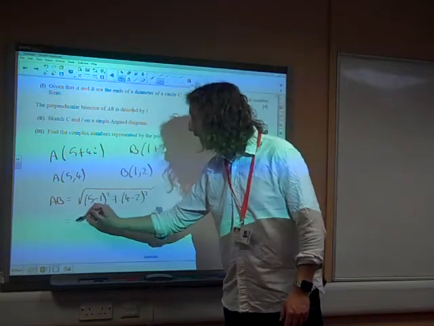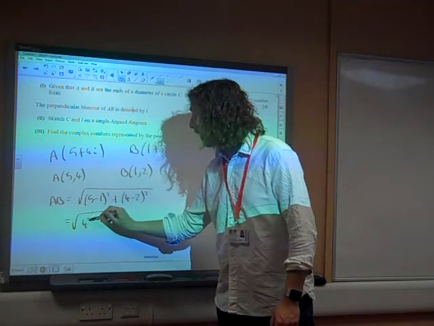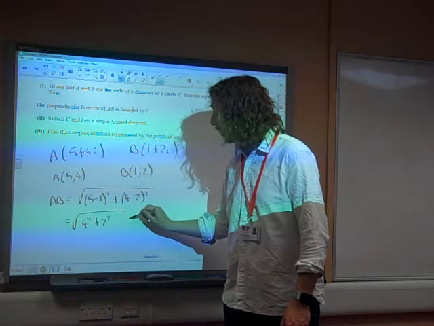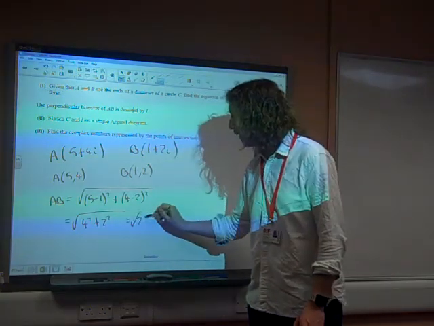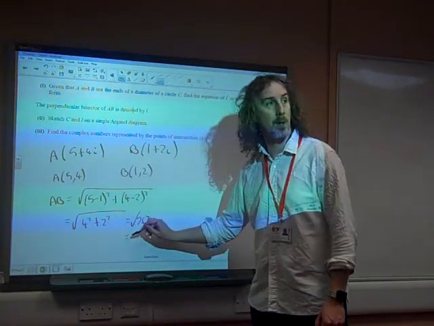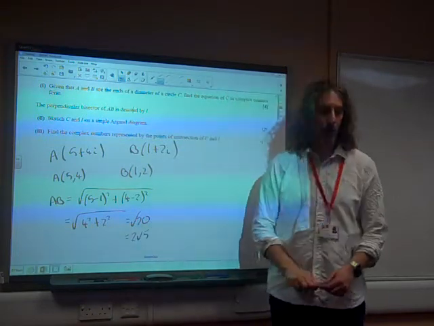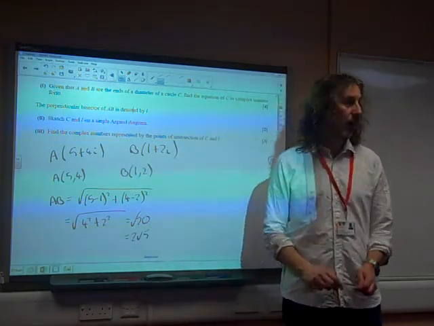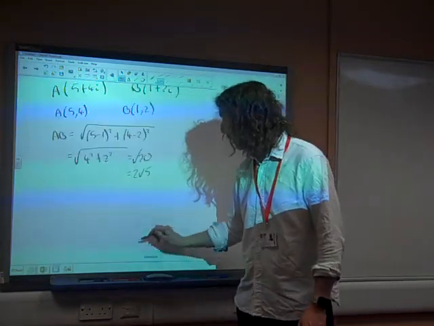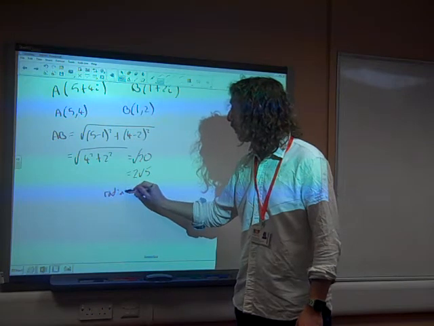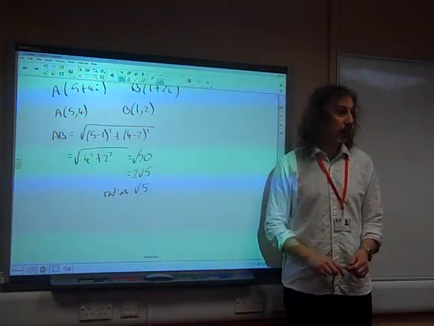This gives us the square root of 4 squared plus 2 squared, which is root 20, and root 20 is 2 root 5. So we've got a diameter of 2 root 5, which gives us a radius of root 5.